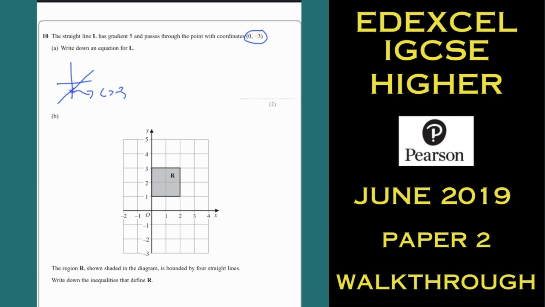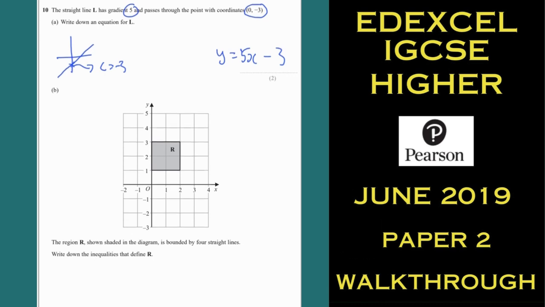The intercept is your y value when x equals 0. So we actually know all the information. It's right in front of you. Y equals mx plus c. M is 5, that's the gradient, and the intercept is -3. That's why it's only worth 2 marks. They've basically given you everything you need.